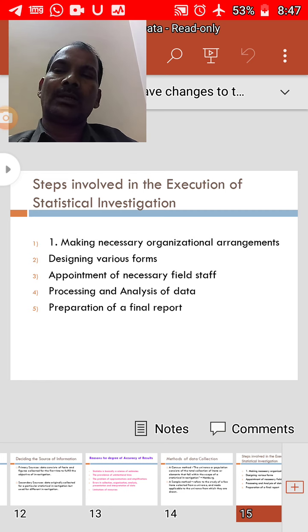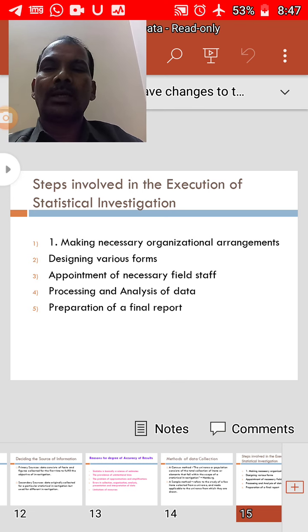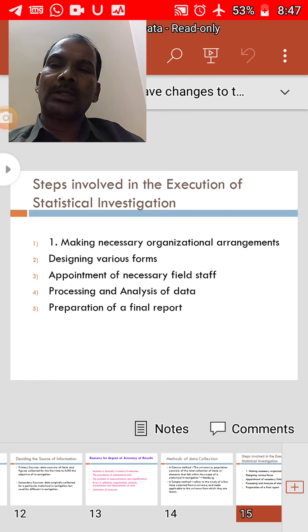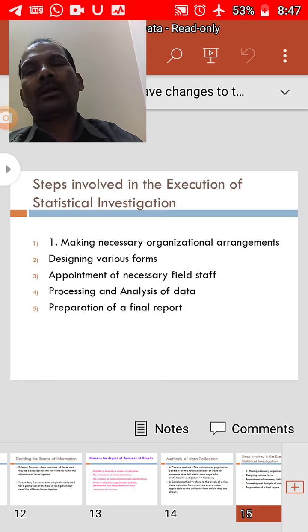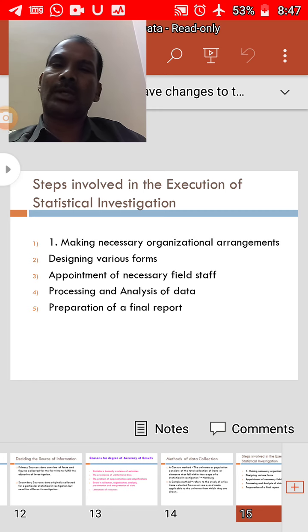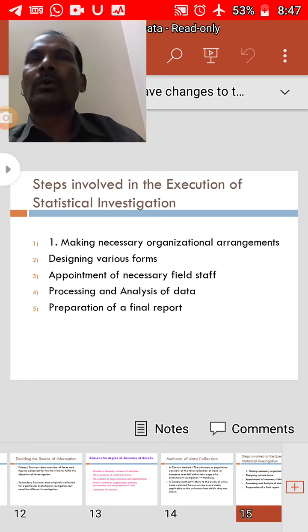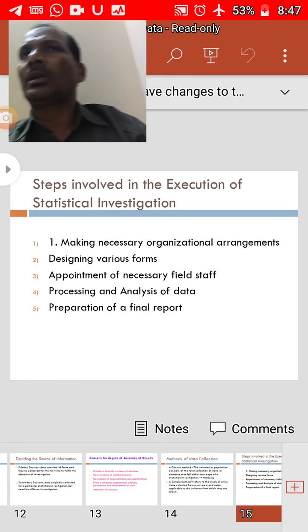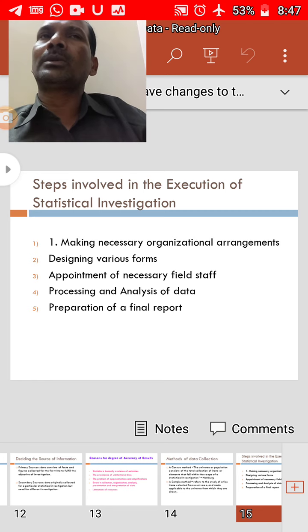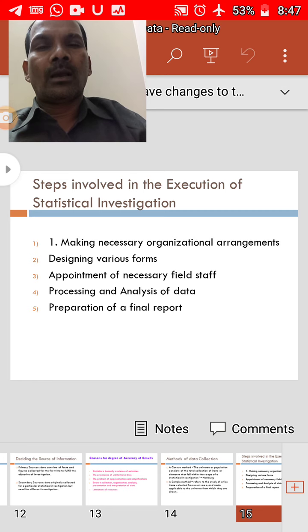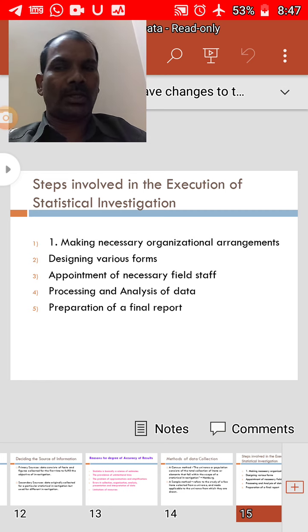Often the investigator has to take the help of field investigators for conducting the investigation. In certain countries, specialized agencies are engaged to conduct the investigation. The organizational arrangements depend upon the nature and scope of investigation. If a firm is engaged to conduct the investigation, certainly because of its experience it will perform an effective investigation.